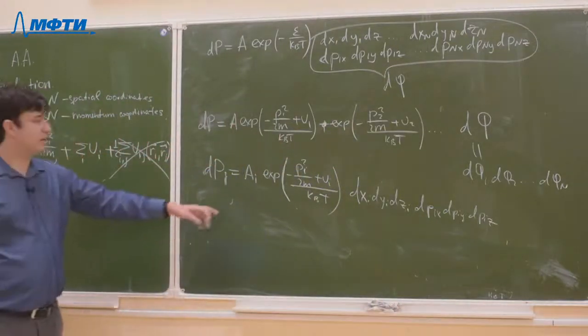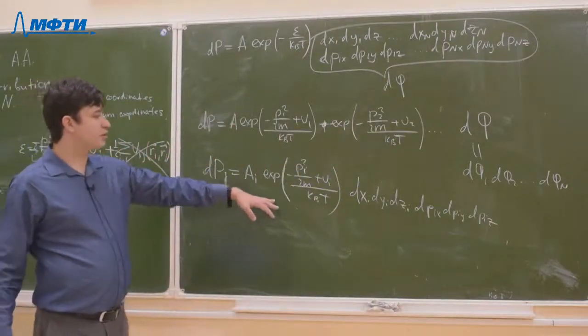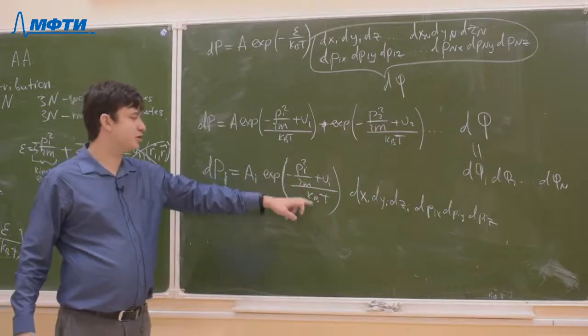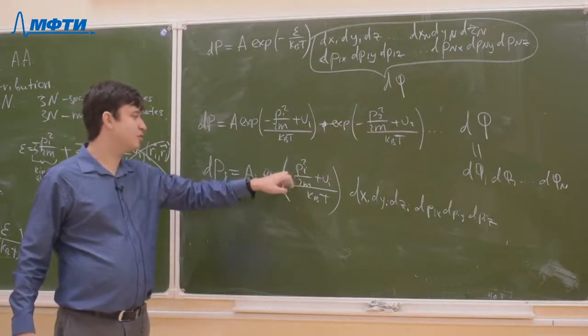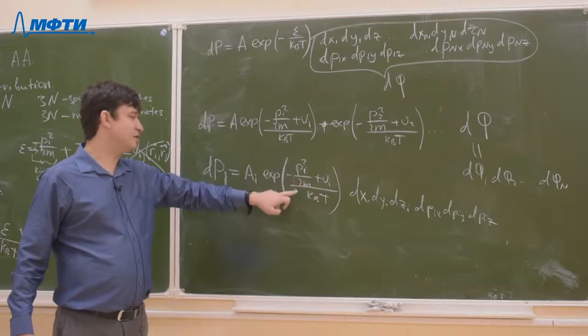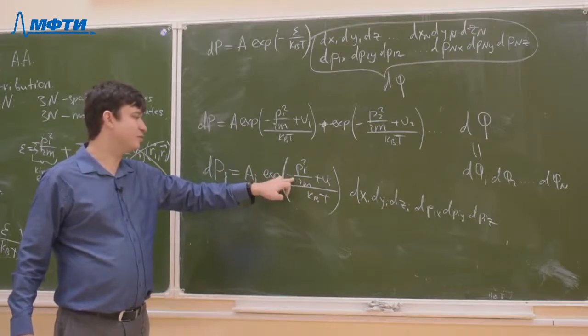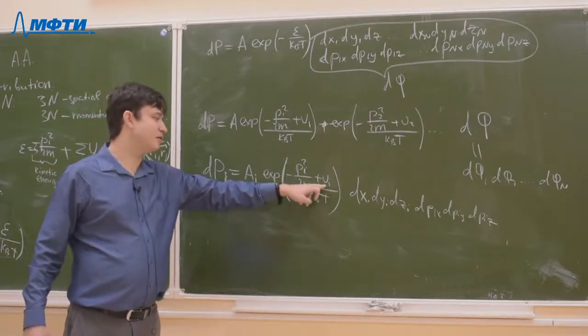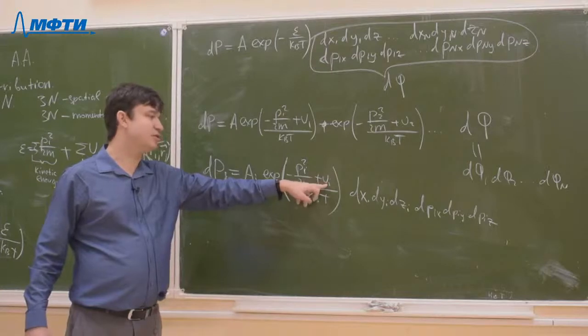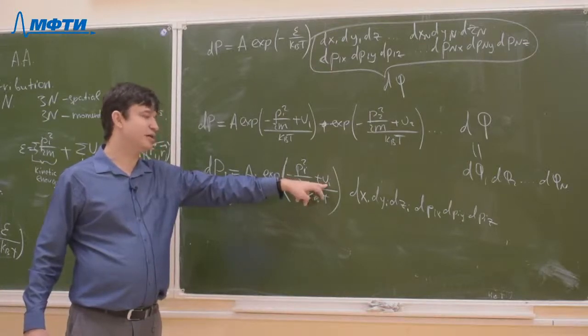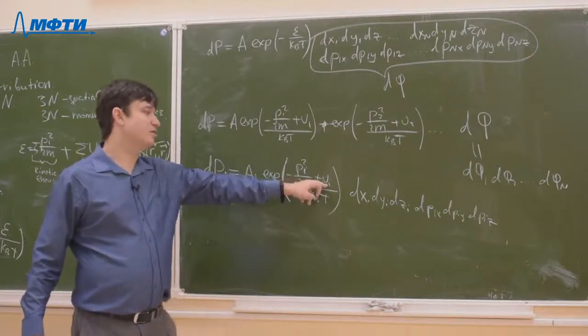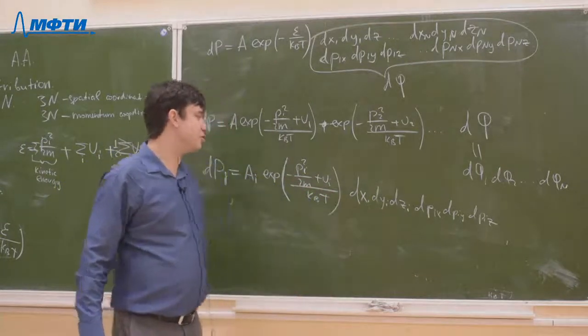Now again, for a single molecule, we see that this expression can be presented as a product of two probability densities, one of which is related to momentum, while the other probability density is related to potential energy and to spatial coordinates.